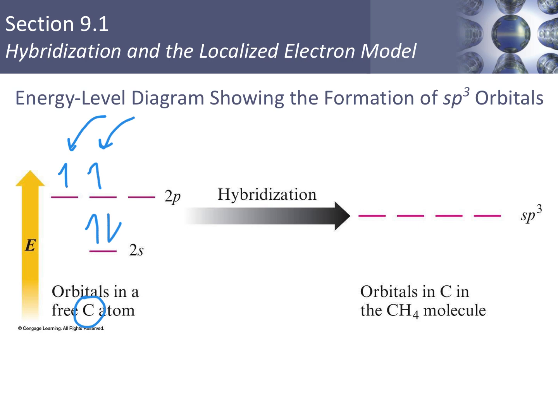The combination of the 2s and the 3 different 2p orbitals gives us 4 of these sp3 hybrid orbitals. 1 electron can go into each hybrid orbital, and then that creates 4 opportunities for bonding. So 4 hydrogens could come in and bond and bring their electron to share with the carbon.